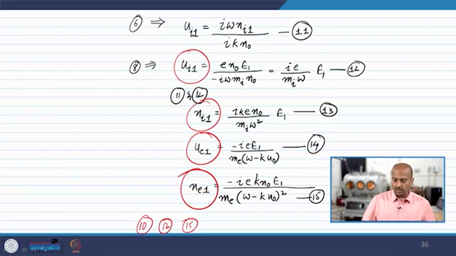If you substitute this into the Poisson equation, basically the perturbed Poisson equation, what you can write is this.